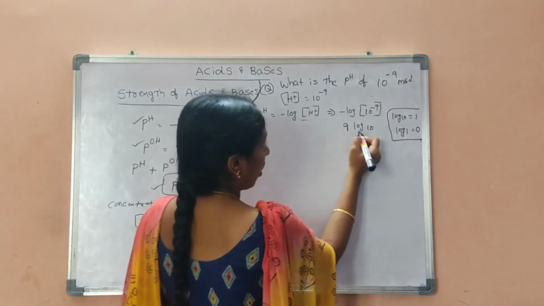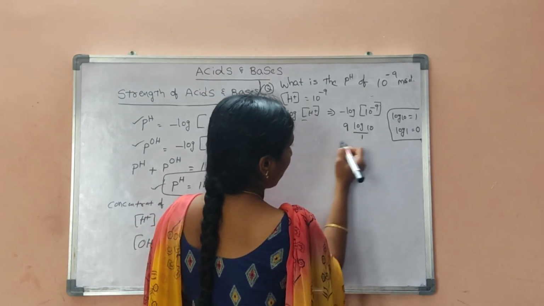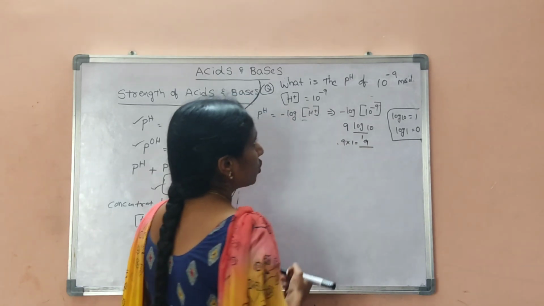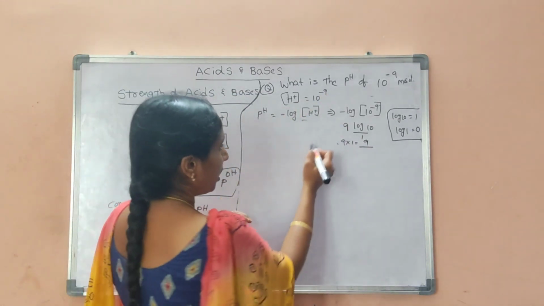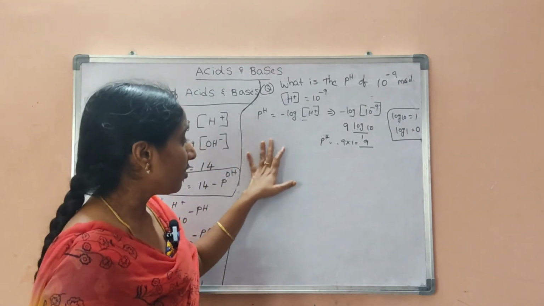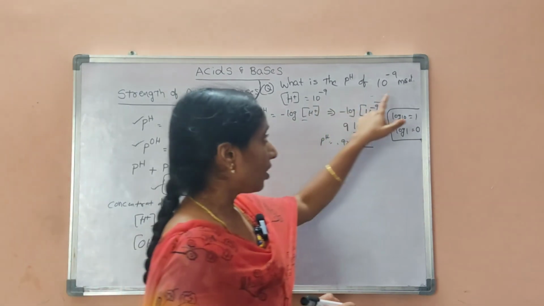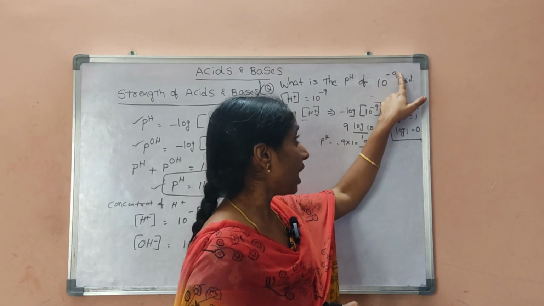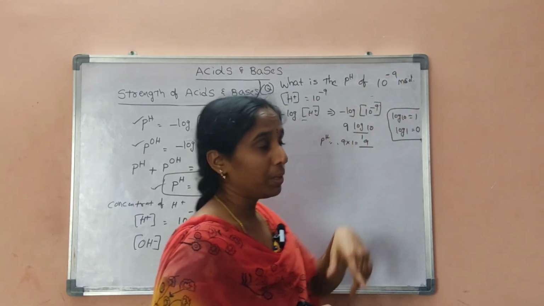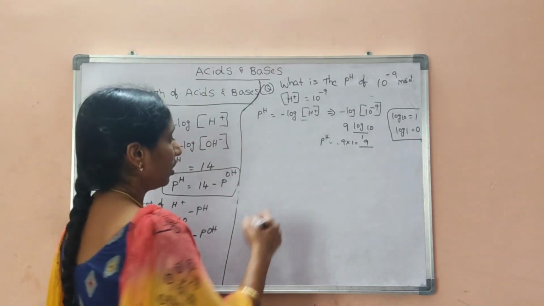So, 9 into 1 equals 9. So, what is the pH? pH equals 9. Directly you can say, what is the number in the power? Minus 9. You can remove the minus and then write pH equals 9 directly.